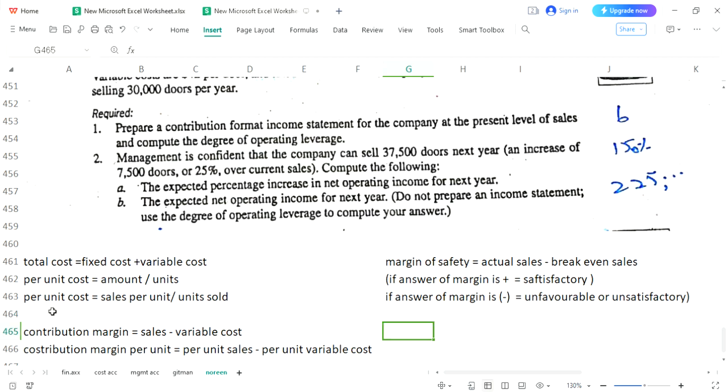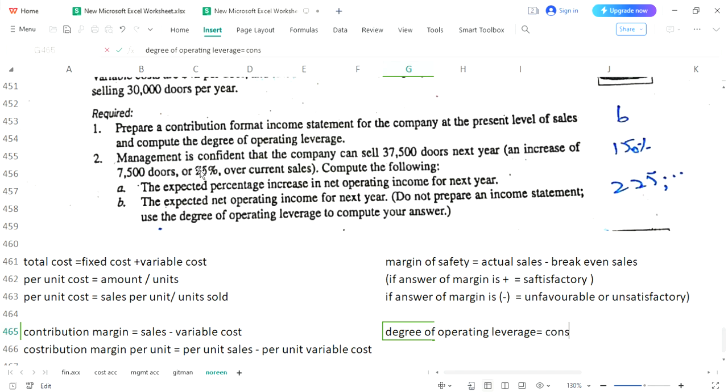And then you have seen your leverage. Degree of operating leverage was discussed, and it is actually the relationship between contribution margin and net margin.